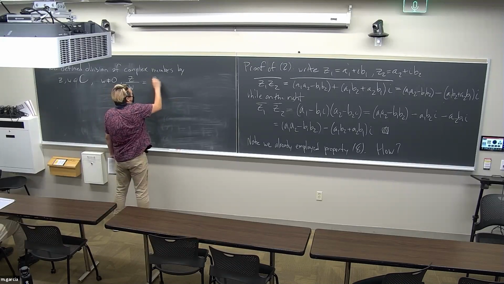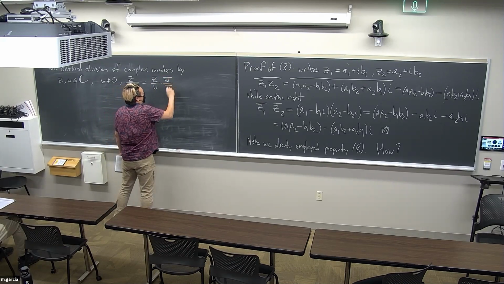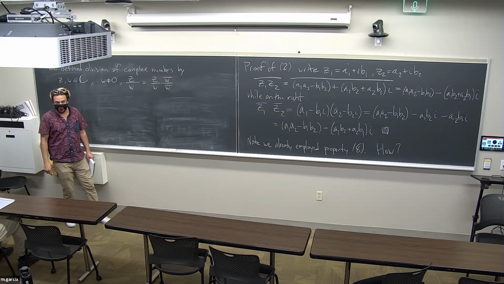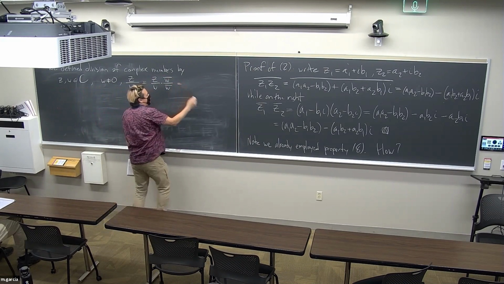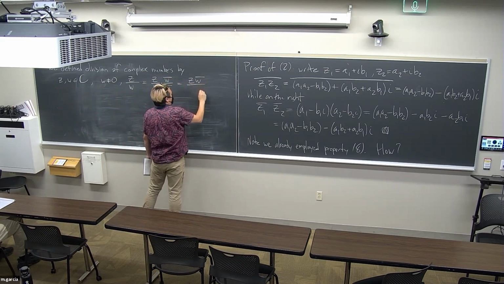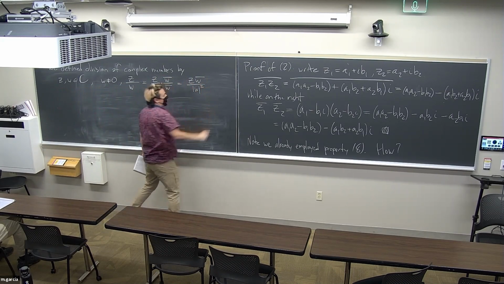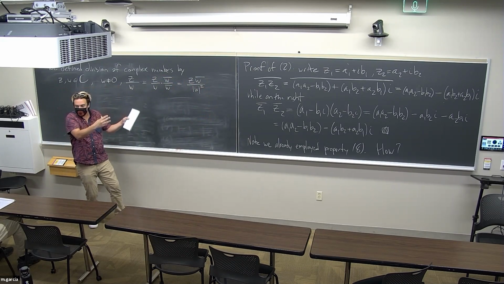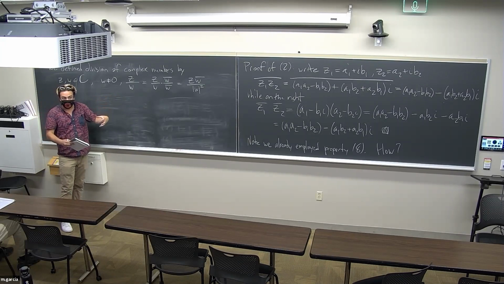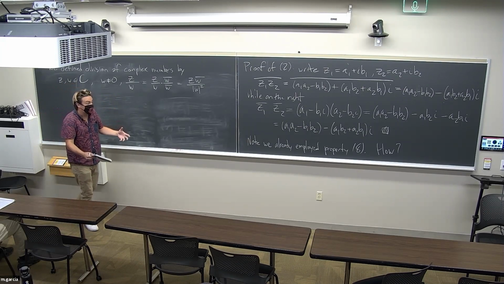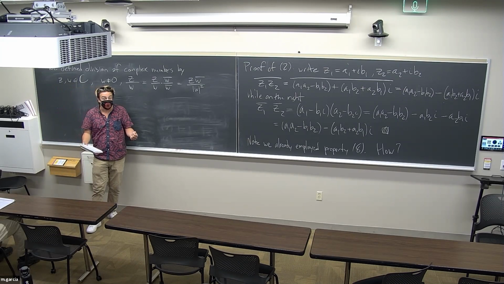What do we do? We multiply by a fancy way of writing 1: W bar divided by W bar. This gives us a scalar, a real number, in the denominator, and that allows us to write the complex number Z divided by W in standard form. We did this first for numbers of the form a plus b times the square root of 2. We rationalized the denominator, and then we defined the same thing for complex numbers. Right?